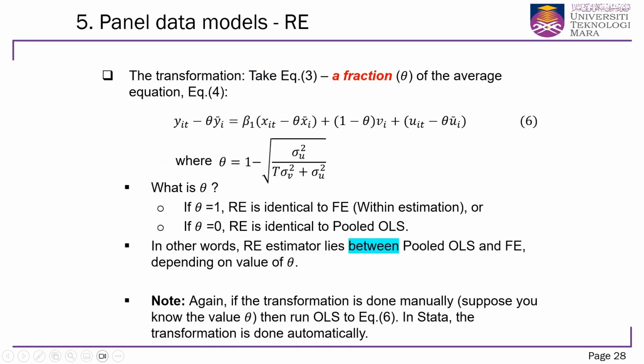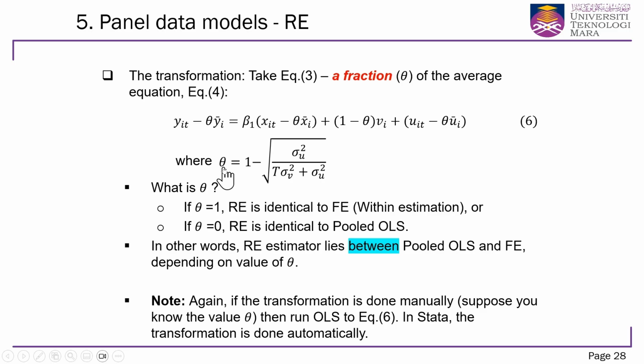Now we come to the transformation process of the random effect model. The transformation takes equation 3 and subtracts from it a fraction of the average equation, which is equation 4. In other words, random effect estimation only eliminates a fraction of the average data, unlike the fixed effect estimation that completely removes the average data from the original observations.